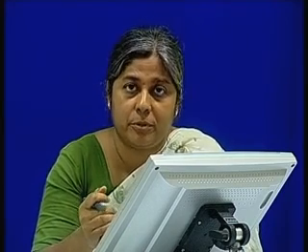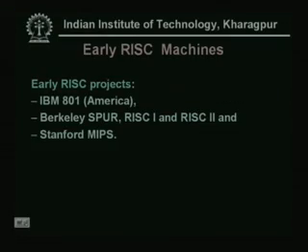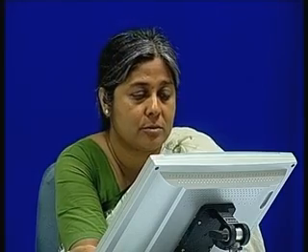This class will continue the discussion on the design of computer instruction set. So far we have seen what is the format of a computer instruction, what are the two parts or two fields of an instruction, and how the opcode part, the instruction opcode, is encoded.